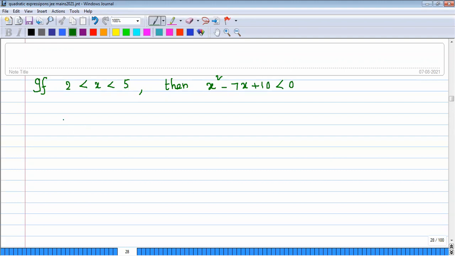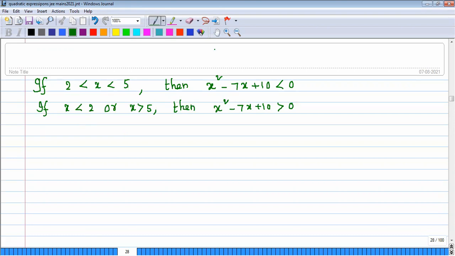Next, if x is less than 2 or x is greater than 5, then x square minus 7x plus 10 is positive, greater than 0.